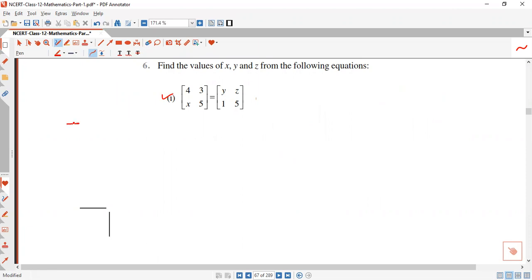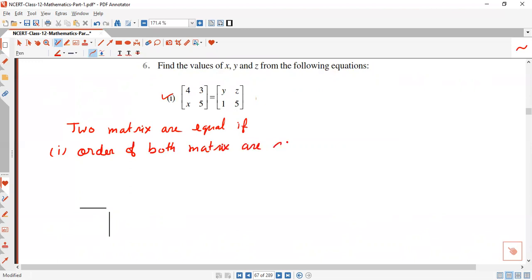Two matrices are equal if, number one, the order of both matrices is the same.